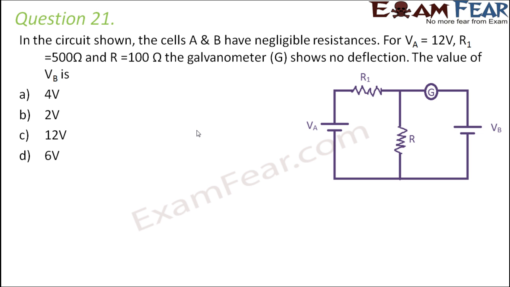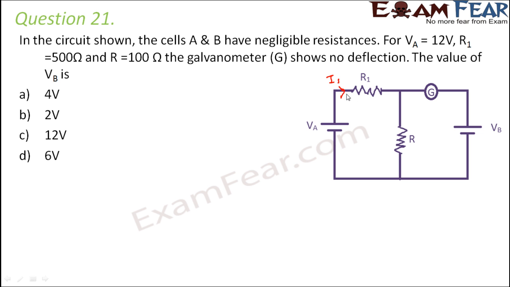So here, first of all, let us try to see how exactly the current flows in this circuit. So let's say here you have a cell where the potential is VA at this point. Now let's say that some amount of current I1 flows through this circuit, right? Now since the deflection in the galvanometer is 0, what does this show?